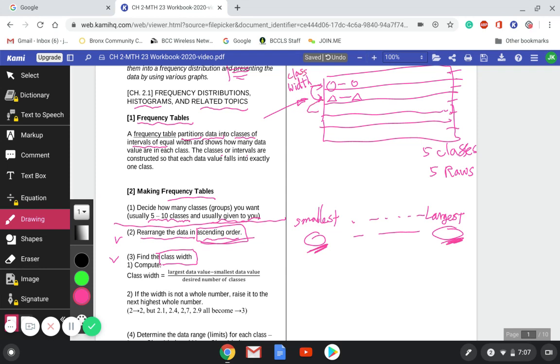From this to that is also the class width. So the difference between the beginning numbers is the class width.